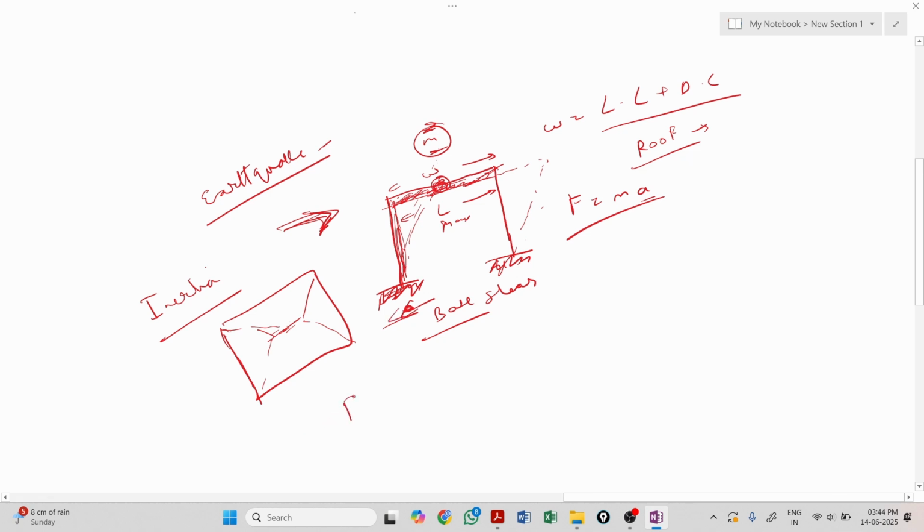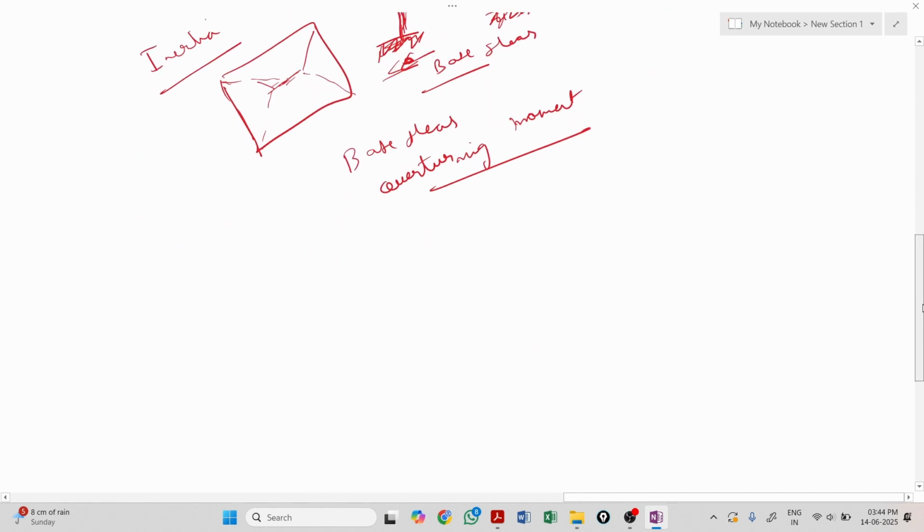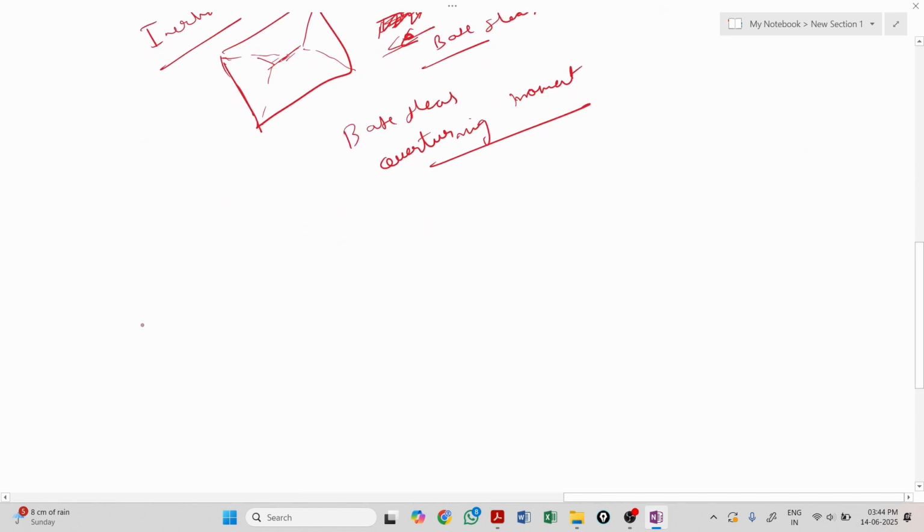But there are two things that we need to remember: base shear and overturning force, overturning action or overturning moment. What normally happens with overturning moment is, imagine a frame, and in the same way, the sway will happen due to the load and there will be moments formed.